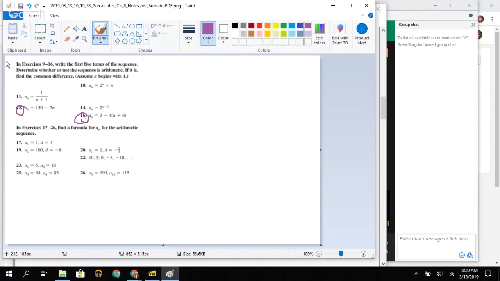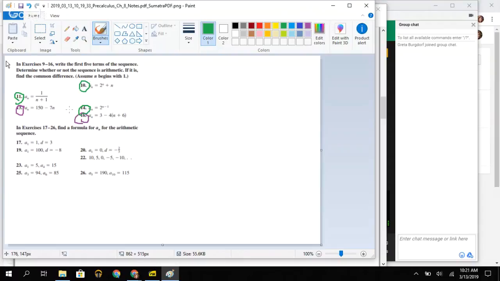And I would venture to guess that number 11 and number 10 and number 14 are not arithmetic sequences, because this has the n in an exponent, this has the n in an exponent, and this has the n in the denominator. I'm looking at my notes and that's right. 10, 11, and 14 are not arithmetic sequences, and 13 and 16 are.